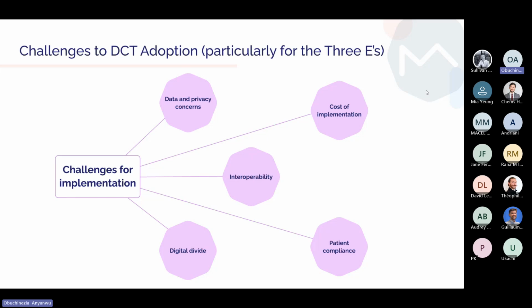So it's the ability to implement a DCT platform within an already established healthcare framework. So you can think of a hospital, they already have an EHR system and they're interested in using a new DCT platform. How do you get the two softwares to talk to each other essentially?